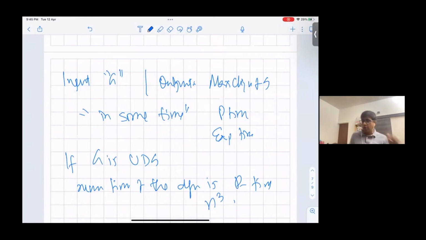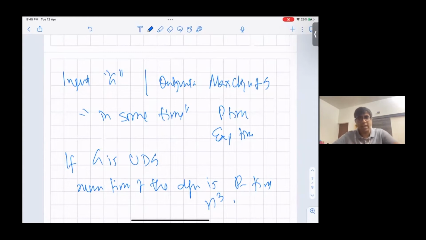So now I take this graph, take this algorithm, feed it G, and say run. The moment the running time goes beyond n cube, I stop and say, look, whatever input you have given me is not a unit disk graph. Is that fine? So when I stop at n cube plus 1 steps, I'm guaranteed that the input is not a unit disk graph.